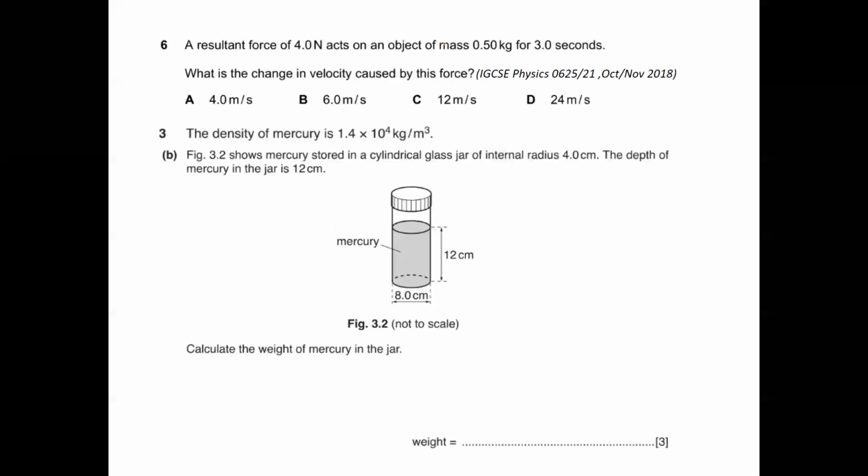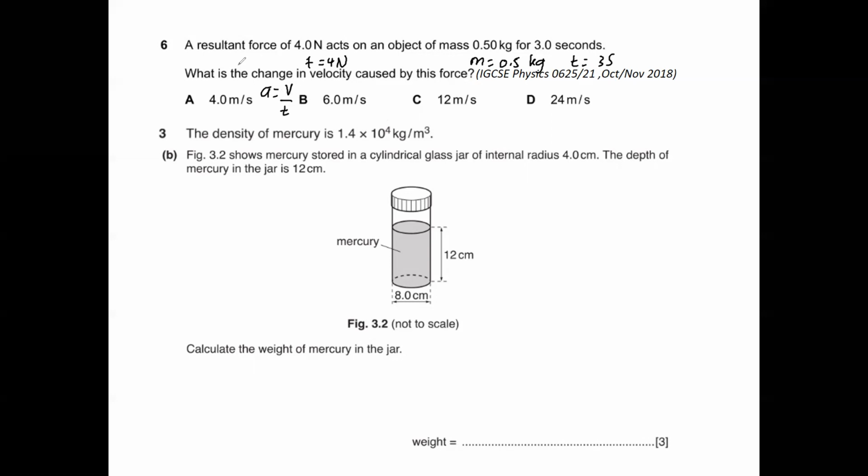For the next question, a resultant force on an object is 4 Newton, and the mass is 0.5 kilogram, for 3 seconds. And they ask about the velocity. So they give you the force is 4 Newton, the mass is 0.5, and the time is 3 seconds. And we want to find the velocity. So we can find the velocity from acceleration equals velocity over time.